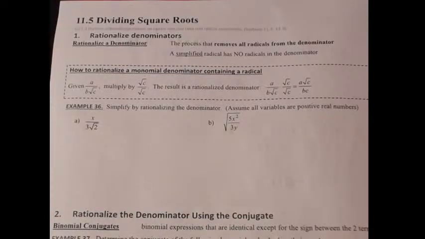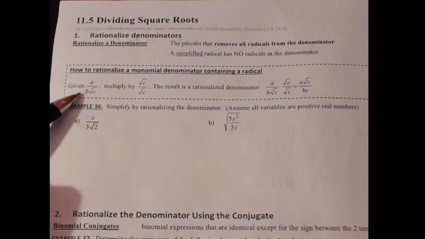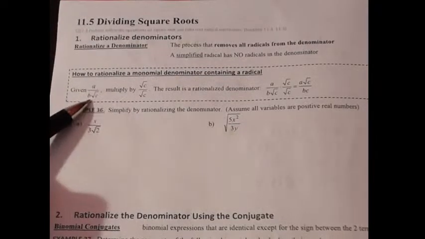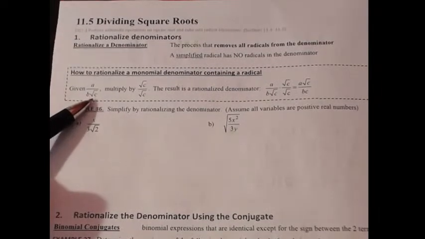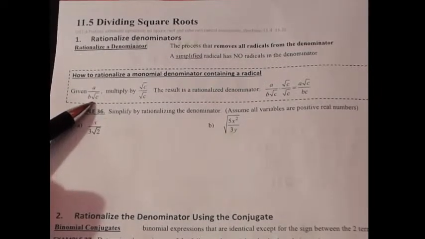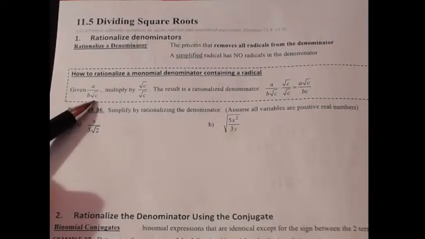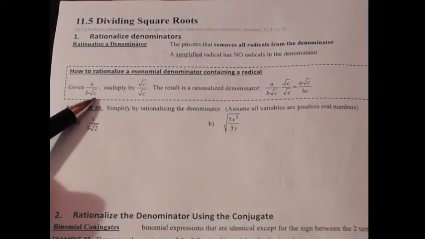So for instance, if you had, in general form, a over b square root of c, the problem with this fraction is the square root of c in the denominator. In order to fix this, we're going to rationalize. Now, this is the cool part: all you have to do is multiply by 1.